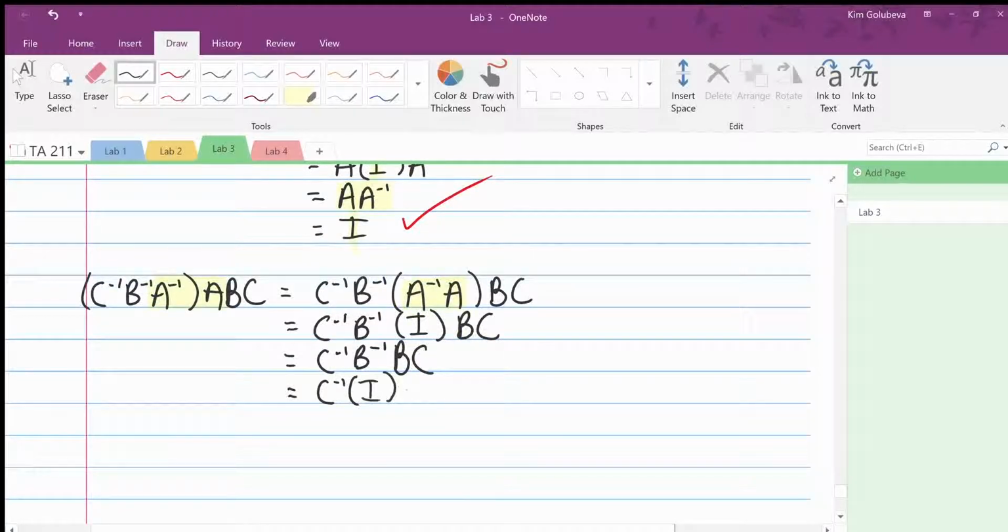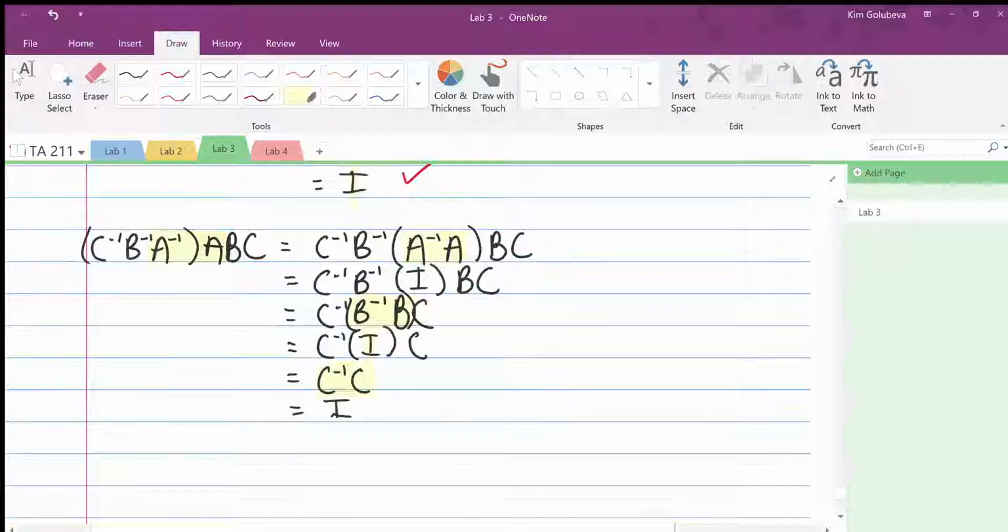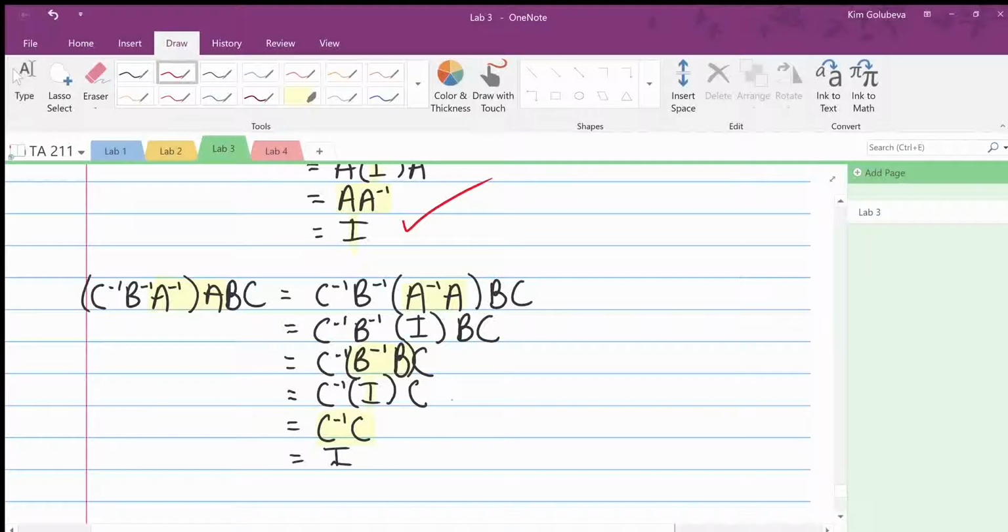And in this case, again, we have B and B inverse equaling the identity. And the identity times anything is itself. And so C times C inverse, we end up with the identity again. So yes, this works.